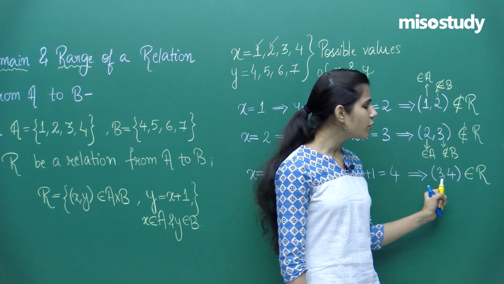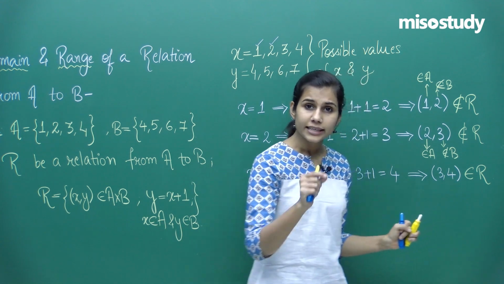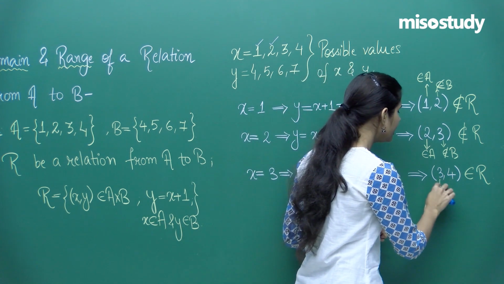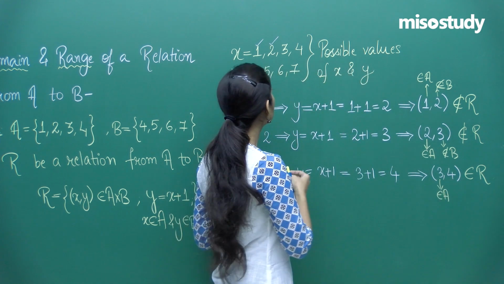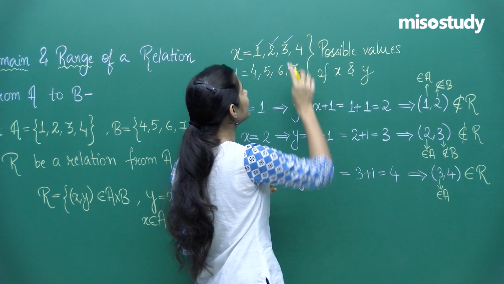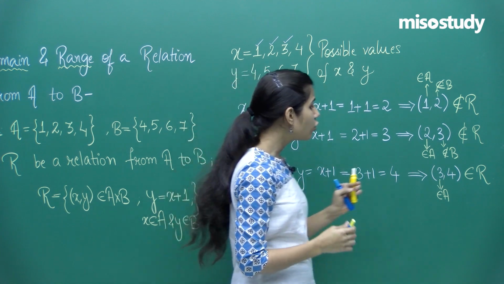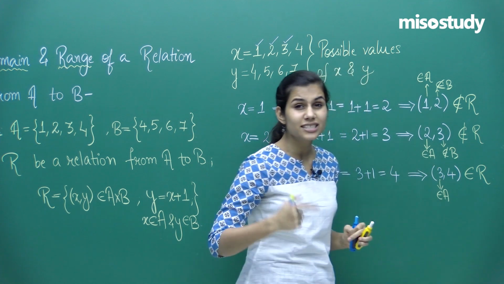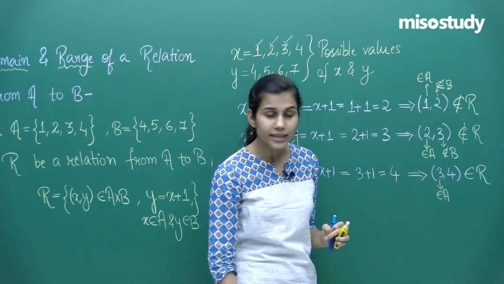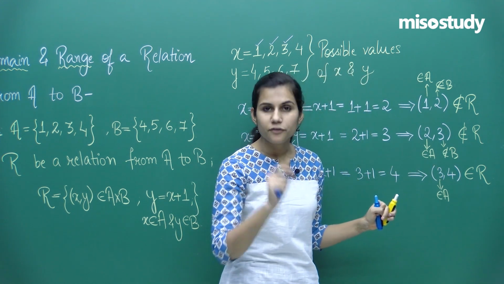Well, if I go and observe 3 comma 4, yes, the first element 3 is coming from the first set A. We know that because 3 is very much inside set A. And if I go and observe the second element, which from the previous two cases is creating a problem repeatedly, is now perfect.